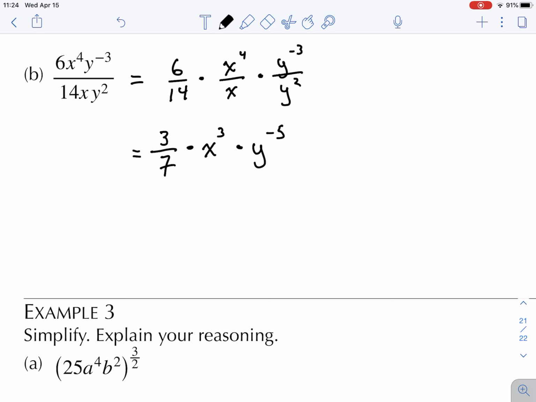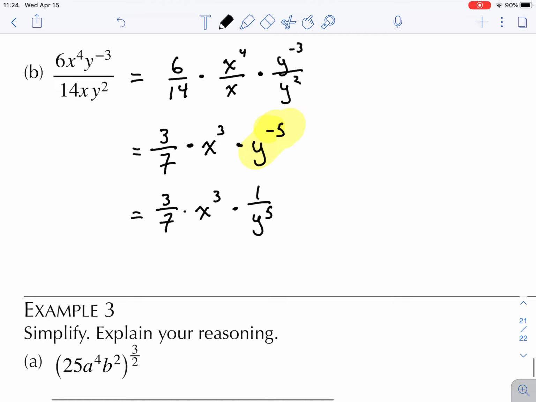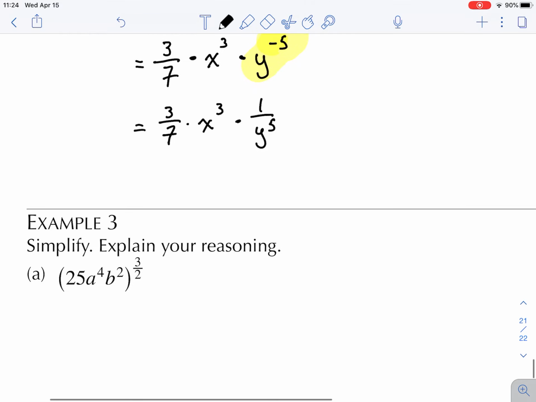Negative 3 subtract 2 is negative 5. Now, I don't like having this guy here with a negative exponent in it, so I'm going to turn that into a positive exponent. Times x cubed times 1 over y to the 5.